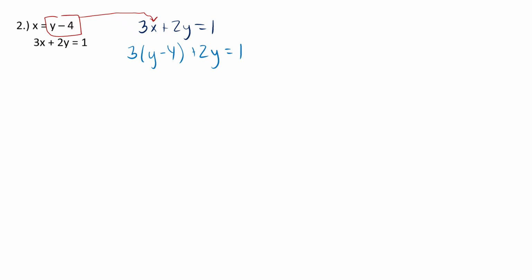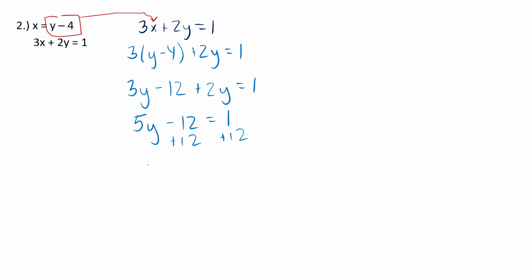Now distributing, so 3y minus 12 plus 2y is equal to 1. 3y plus 2y is 5y. We'll go ahead and add 12 to both sides, and then divide both sides by 5 to get y is equal to 13/5.